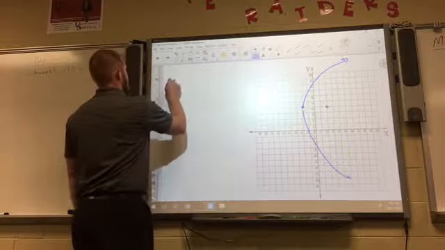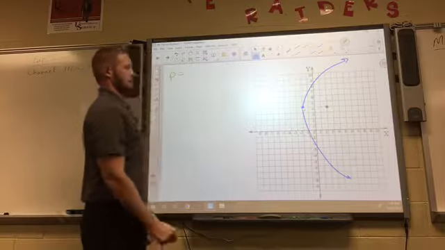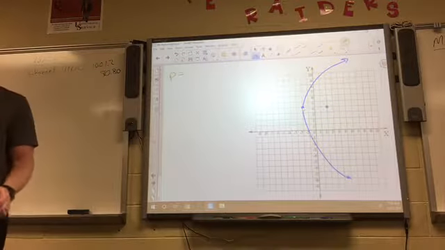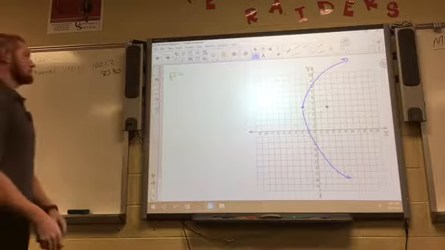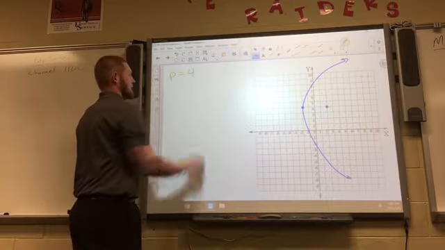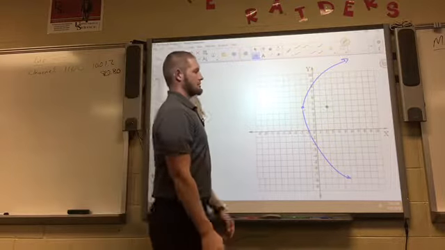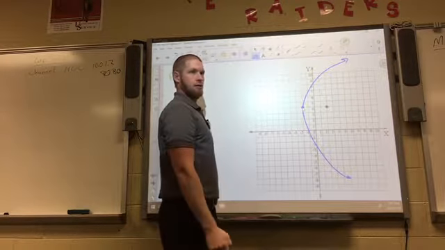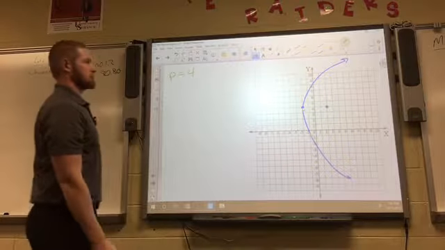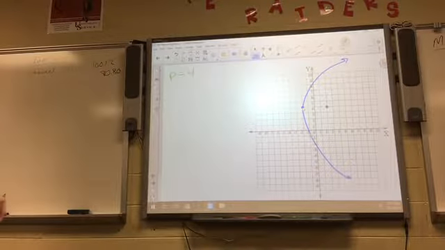What is the value of P in this case? The distance from the vertex to the focus point. What is P? 4. P is 4. If this happened to open the other way, it would have been -4. But since it is opening to the right, it is +4.